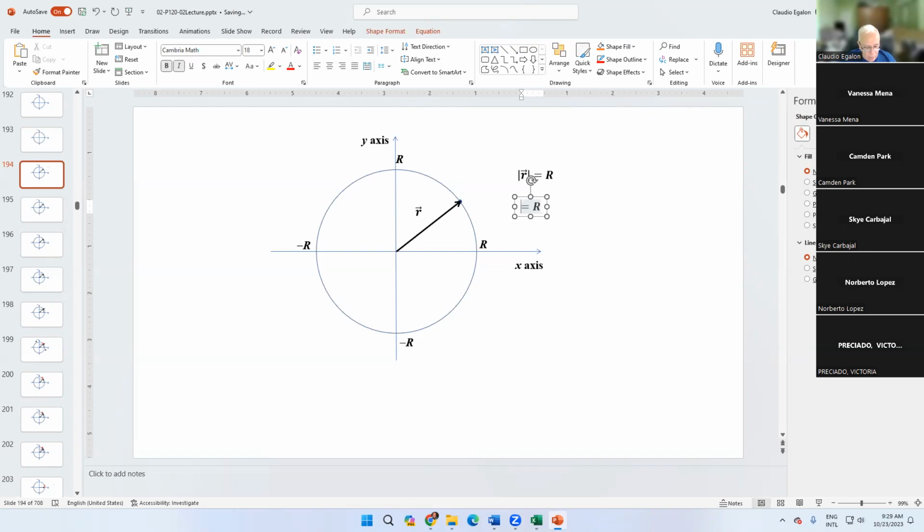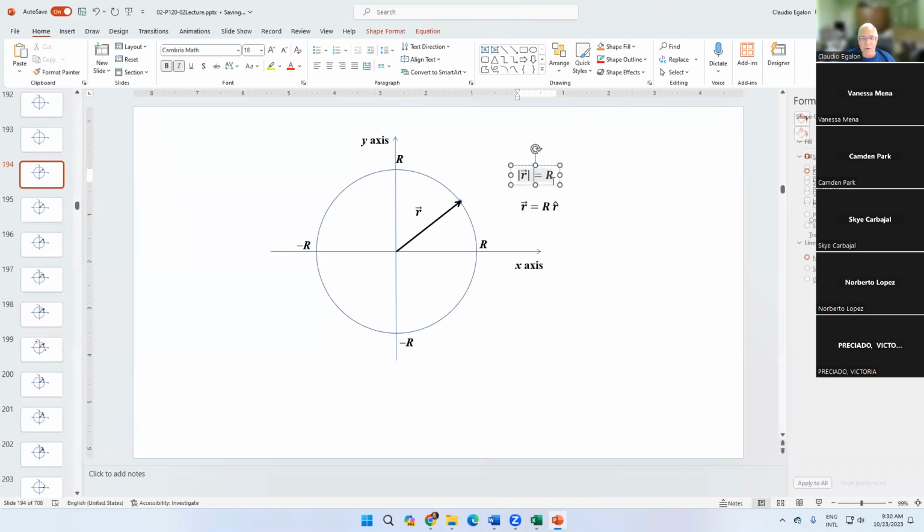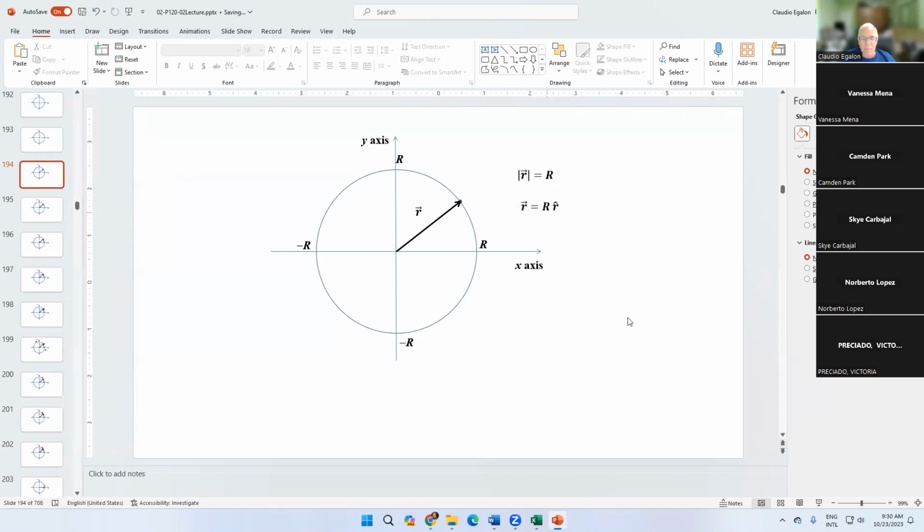Here you go. Big R, scalar, times the unit vector r hat. That's what the r vector is all about, and that's where this relationship comes from.